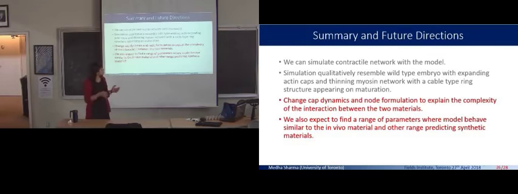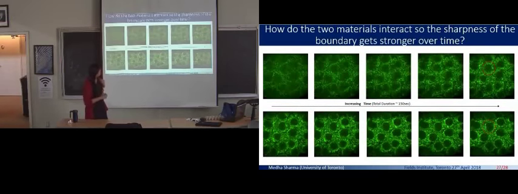So the question I'm still stuck on is how do these materials interact so that the sharpness of the boundary gets stronger over time, and what is the dynamics of that interaction, and for that I need to better model the nodes as well as the system.